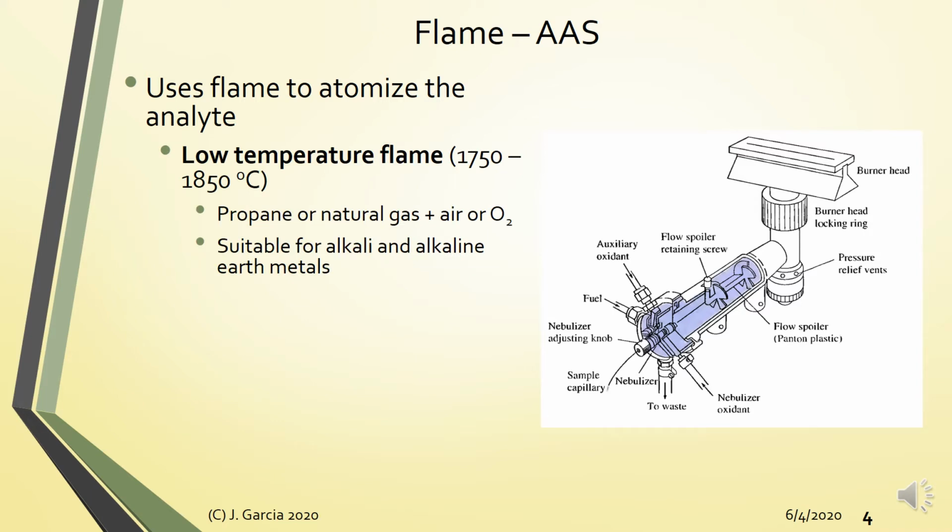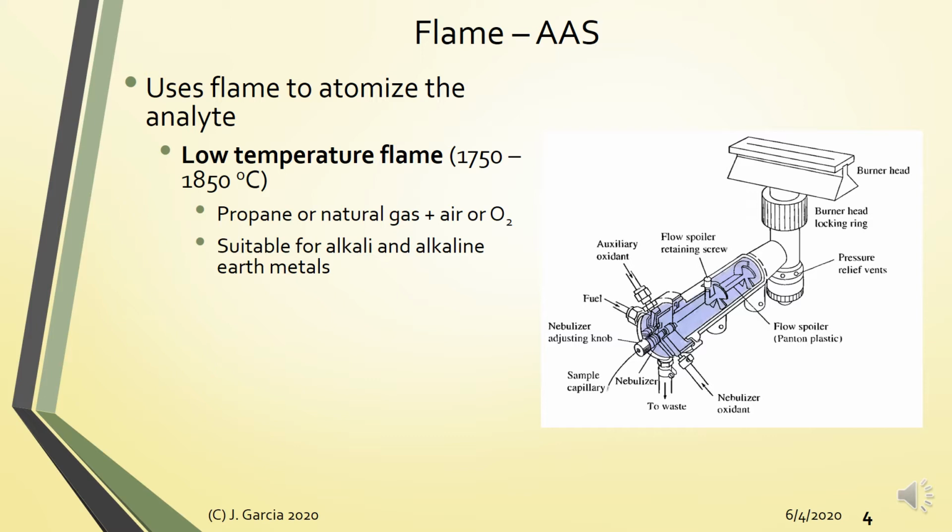First you have your low temperature flame. Roughly the temperature is around 1750 to 1850 degrees centigrade, and the usual fuel is propane or natural gas plus air or oxygen as your oxidant. This is suitable for alkaline and alkaline earth metals, so sodium, lithium, potassium, calcium.